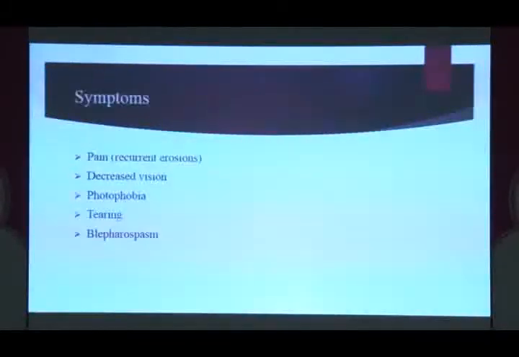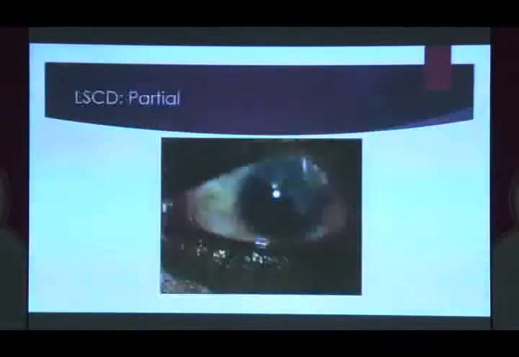The second, the damage could be partial or total. Whatever the damage, mostly the symptoms are pain due to recurrent erosions, decreased vision, photophobia, watering, and blepharospasm. So this is a patient with a partial, sectoral limbal stem cell deficiency. You can very well see the conjunctivalization, especially in the superior temporal aspect, along with vascularization.